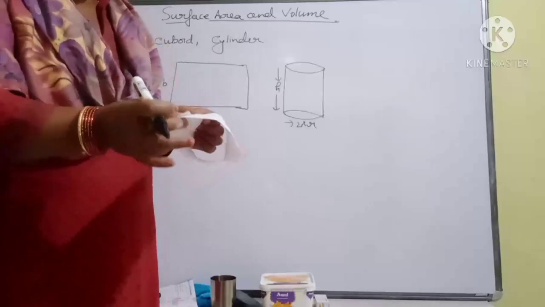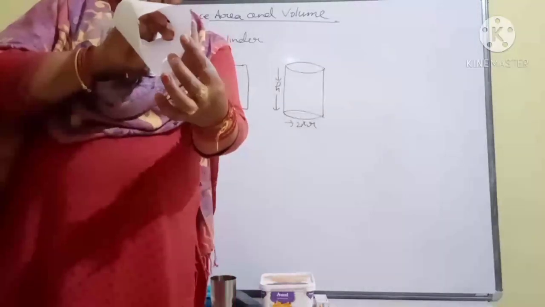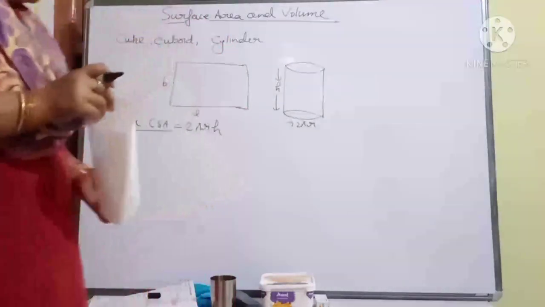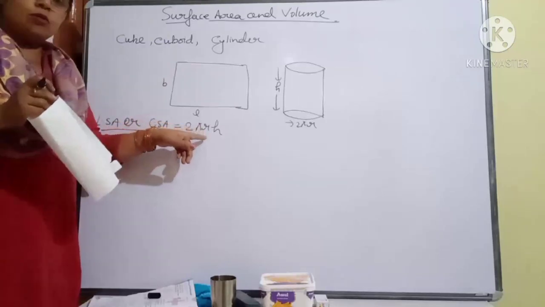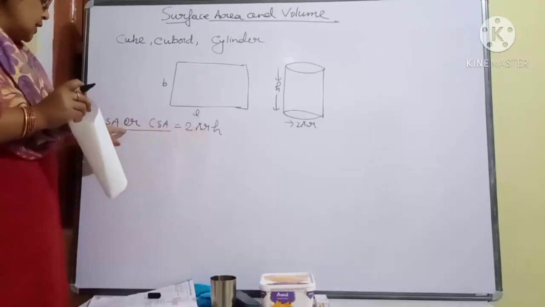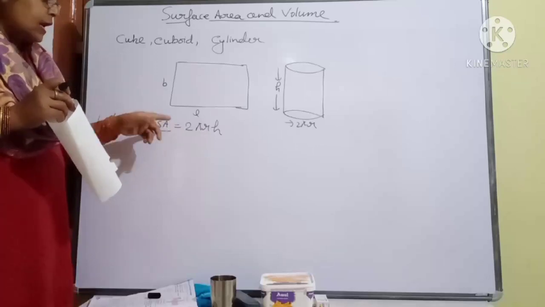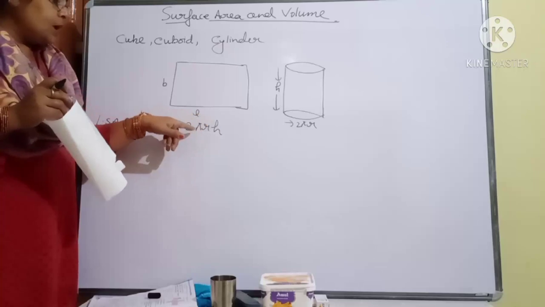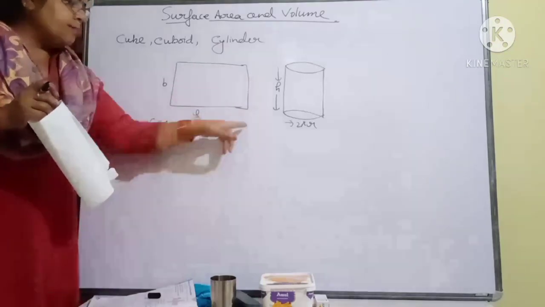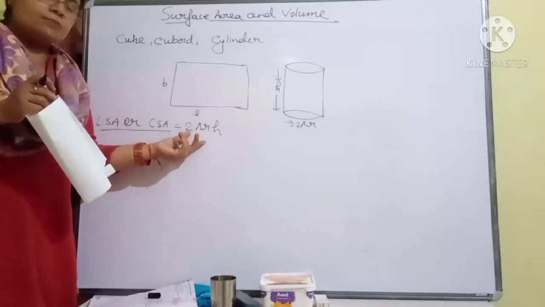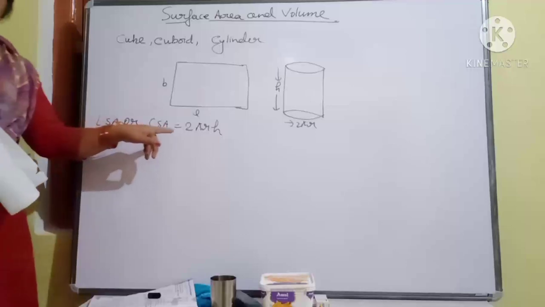You can see that the bottom is open and the top is also open. So for this kind of cylinder, what will be our formula? Lateral surface area or curved surface area, both are the same thing. This formula will be 2 pi r multiplied by height, circumference of the base multiplied by height. It is known as the lateral surface area of the cylinder.